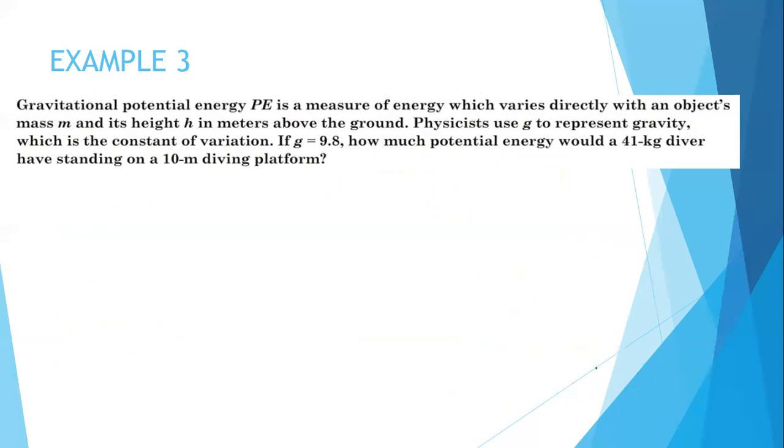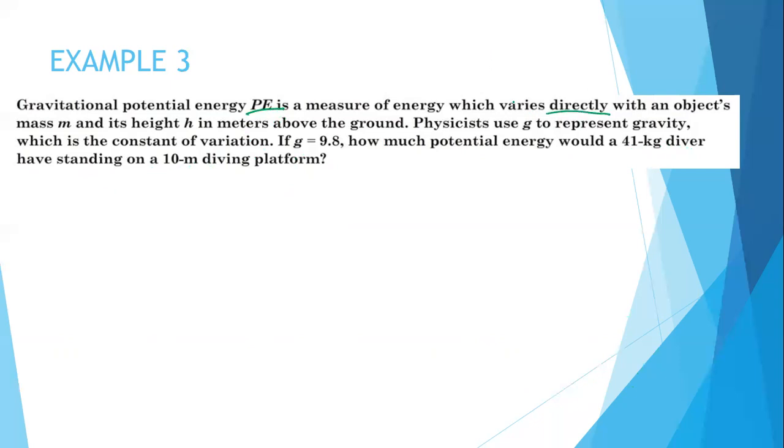Physicists use G to represent gravity, which is the constant of variation, okay? If G equals 9.8, how much potential energy would a 41 kilogram diver have standing on a 10-meter diving platform?